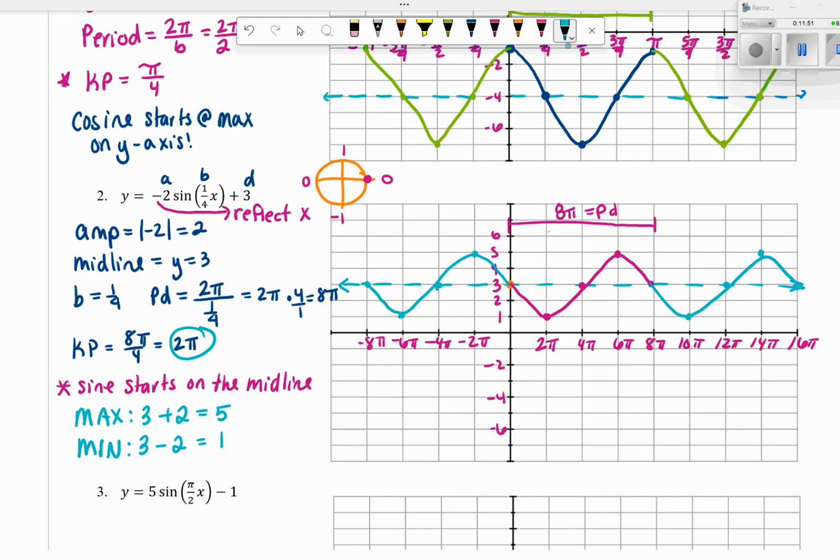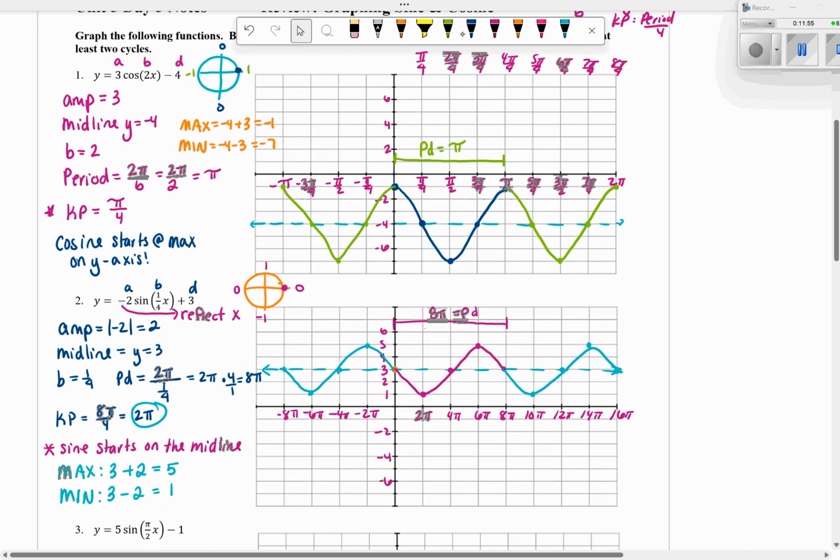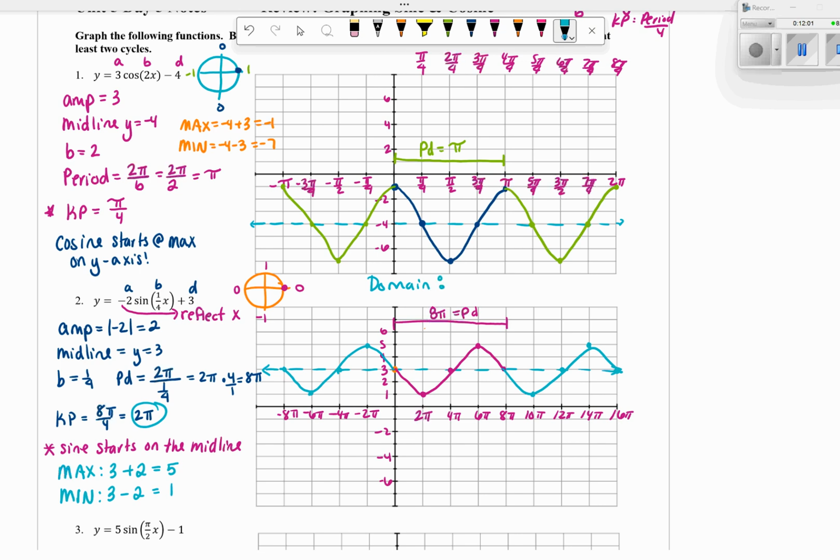All right, and something I didn't do on the last graph, but we can add in, is the domain and range. The domain of a sine or cosine function is always all real numbers, so -infinity to infinity. And the range uses the max and mins.